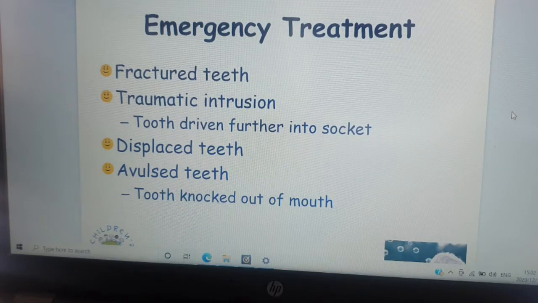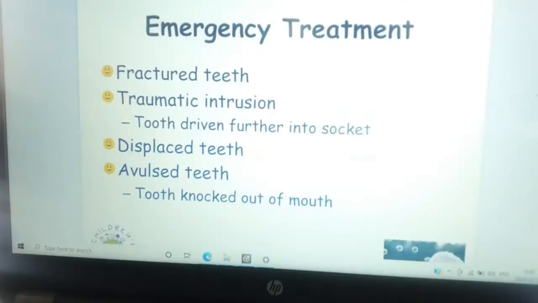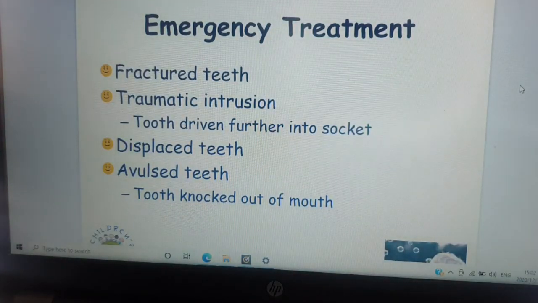Like we mentioned before, remove debris, grass, gravel, any debris, place it in a damp cloth or in milk, and then come to the practice as quickly as possible. If the tooth cannot be replanted, come to the office, and caution must be taken with avulsed teeth to place them in carefully and not rinse them off of the fluid, being the damp cloth or the milk that it was placed in.